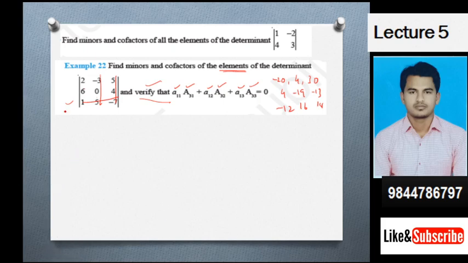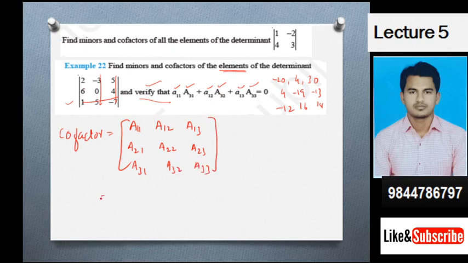So now here the cofactor is equal to, in the positions A11, A12, A13, A21, A22, A23, A31, A32 and A33, the values minus 20, 4, 30, 4, minus 19, minus 13, minus 12, 16 and 18.